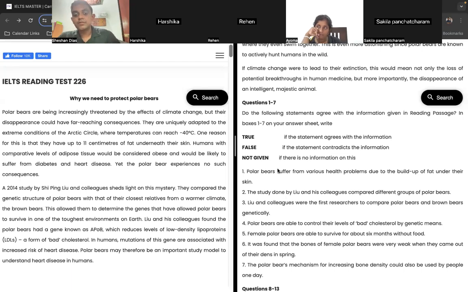Then it's false. If there is no information about it, then it's not given. That means there is absolutely nothing related to this in the paragraph. If the information is here and it's here, then it's true. If it's here and not here, then it's false. If it's not here at all, then it's not given. Clear? Okay.